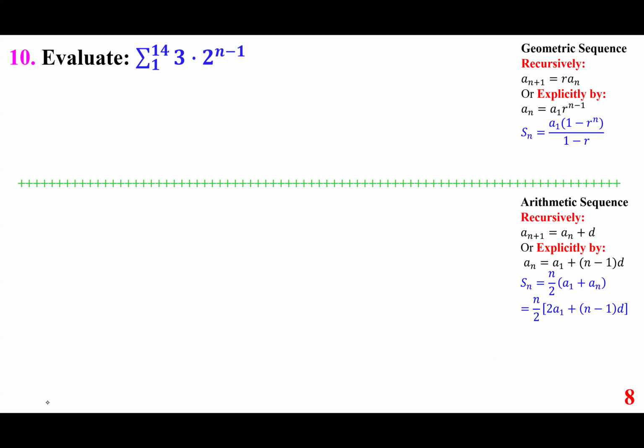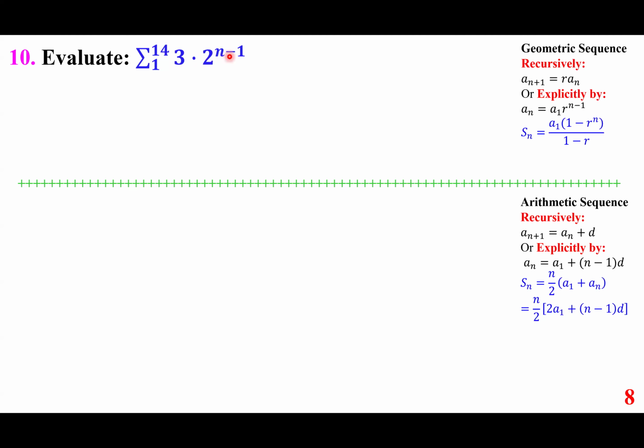Evaluate the summation from 1 to 14 of 3 times 2 to the power of n minus 1. Well, again, the meaning is replace the n with 1, evaluate it, plus replace with 2, evaluate it, and so forth. That's the meaning of it. Okay, so if I plug in 1, I get 0, 2 to the power of 0 is 1, so I get 3.